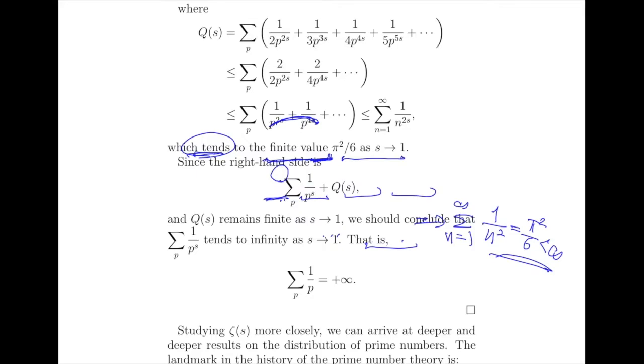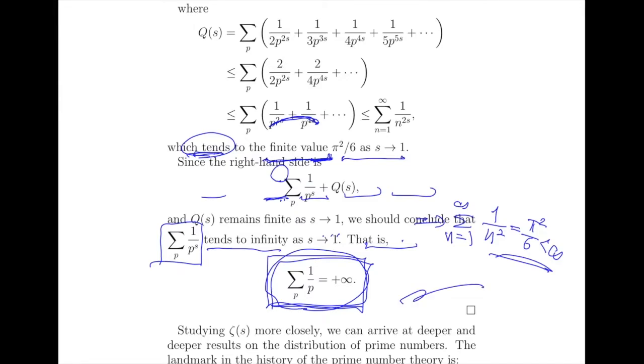Therefore, the remaining part should tend to infinity when s tends to 1. That is, this infinite sum of the reciprocals of p should tend to infinity. Okay. So this is the proof of the theorem.